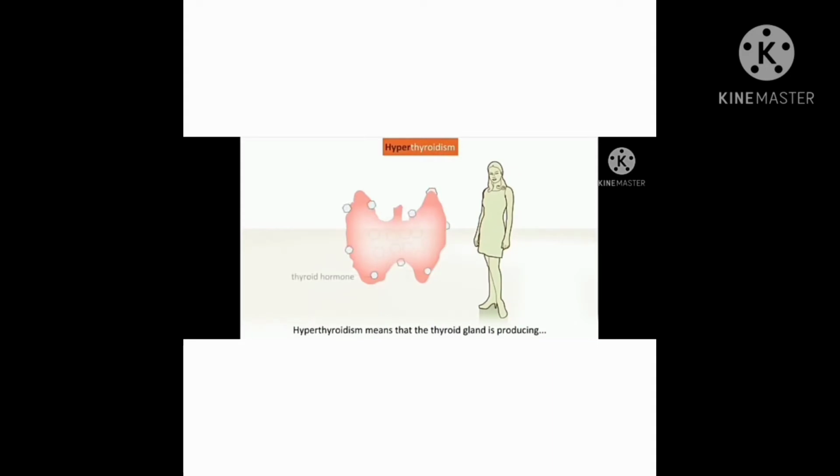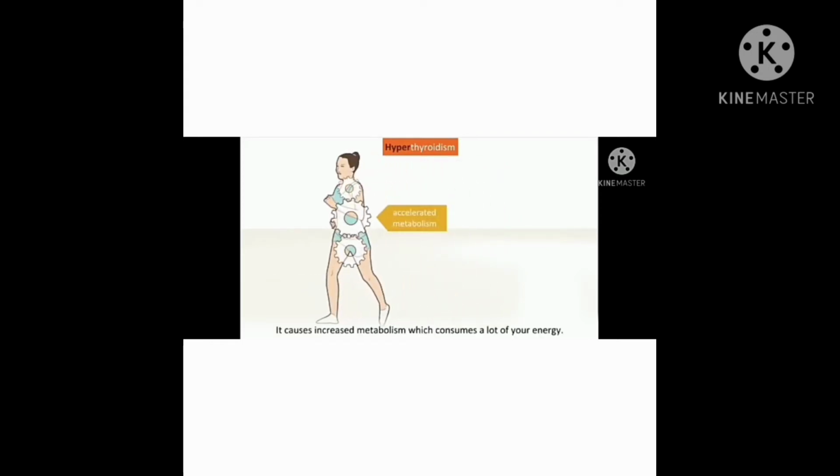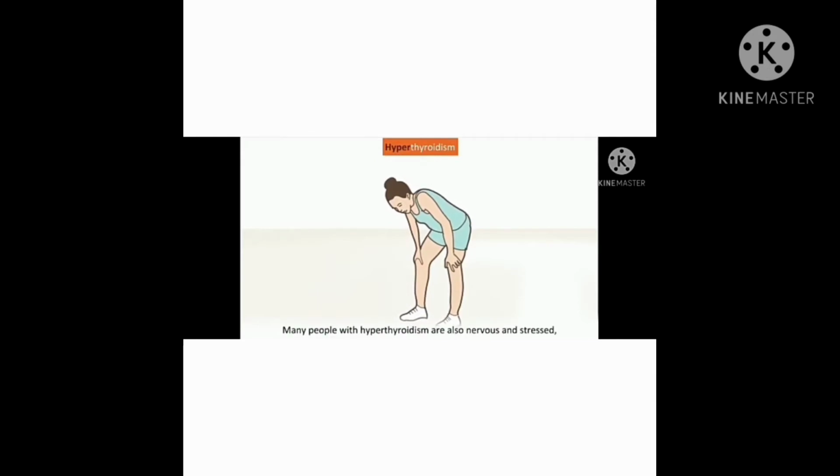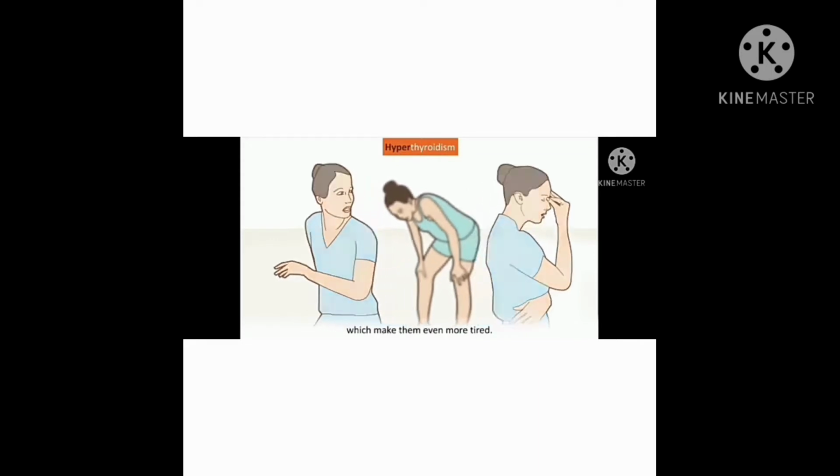Hyperthyroidism means that the thyroid gland is producing excessive thyroid hormones. It causes increased metabolism, which consumes a lot of your energy. It is the main reason why people with hyperthyroidism feel tired. Many people with hyperthyroidism are also nervous and stressed, which makes them more tired.